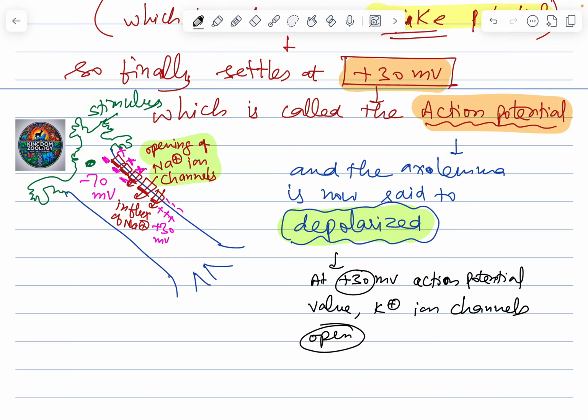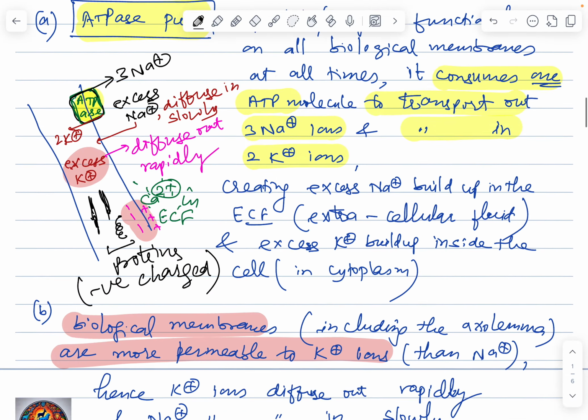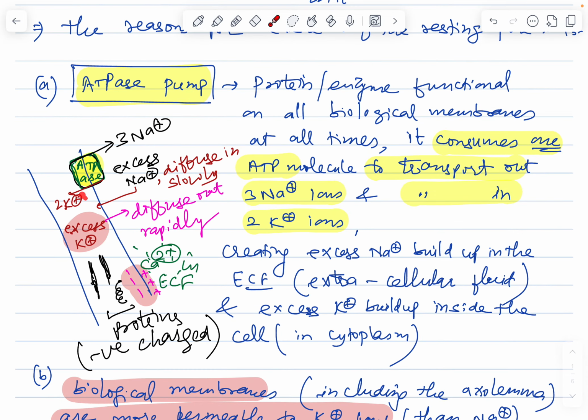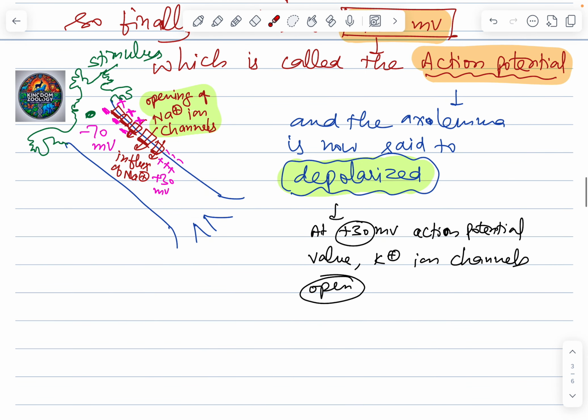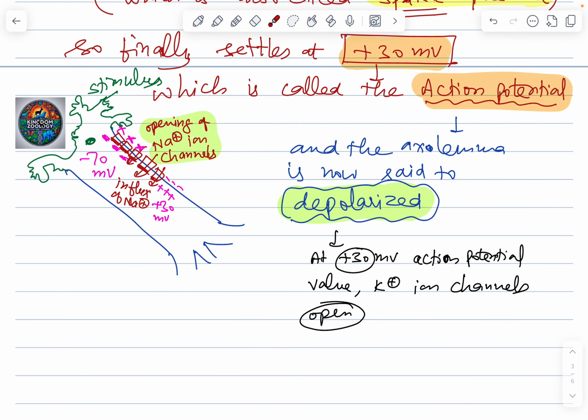And where is potassium in high quantity? Inside. Even though they were diffusing out rapidly, the pump is bringing them back again. So there is always an excess of potassium inside. So at +30 millivolt action potential value, the K positive channels also open. I can show the K positive channels like this maybe.